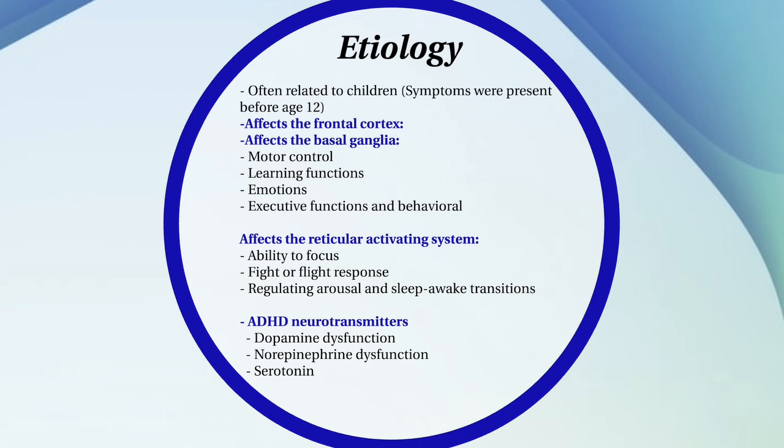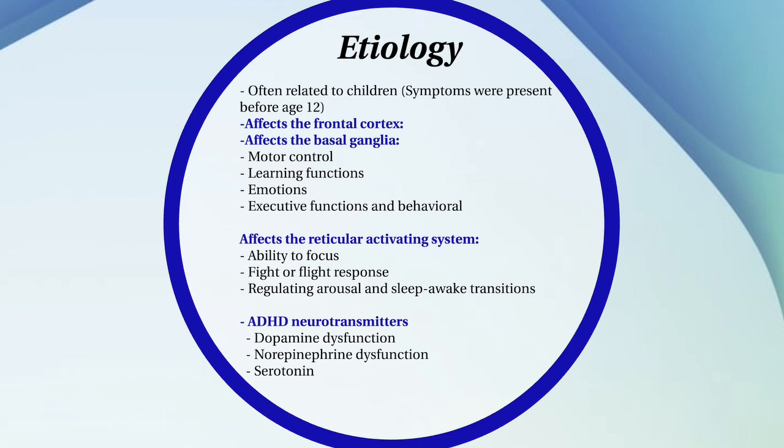So all the things that we learned about the frontal cortex, the executive activity of the brain, being able to plan, coordinate, and having good insight, is disturbed. It affects the frontal cortex and the basal ganglia, and as you remember from module 1, that affects motor and learning function, emotions, and behavior. It also affects the reticular activating system, that's the ability to focus, the fight or flight response, and regulating arousal.